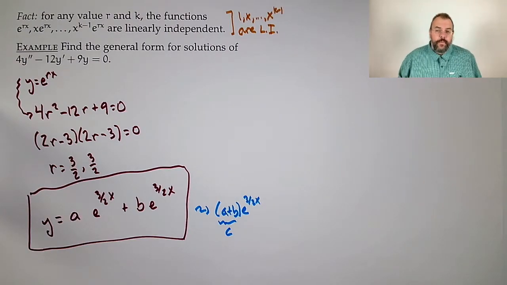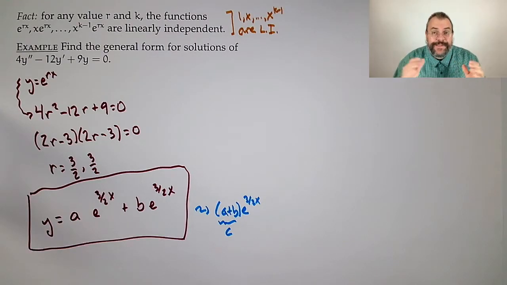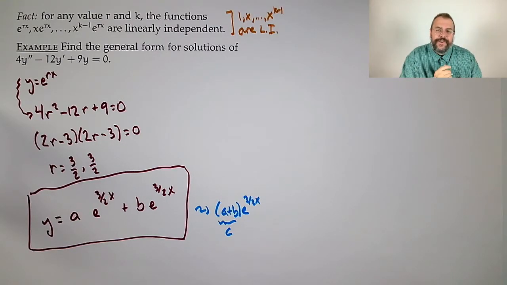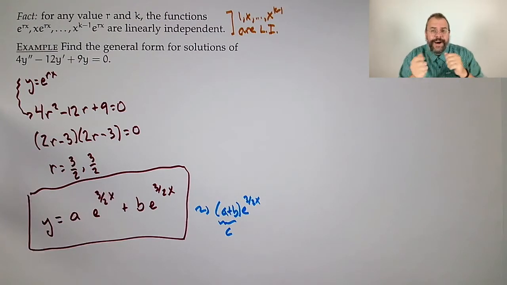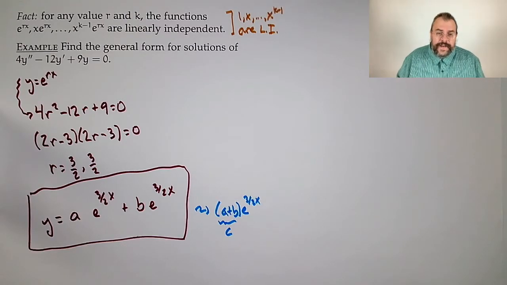Now, one idea, and this is a foreshadow of things to come, says e to the 3/2 x is close. Why don't we just try to modify it a little bit? And we say, okay, how to modify it? And that's actually a good, valid question to ask.